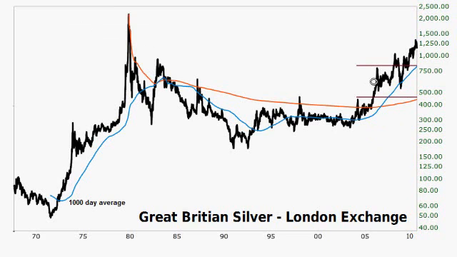It does seem as if it wants to retest the highs from 1980 in the next significant period of time. How long significant will be, I'll let time decide that.